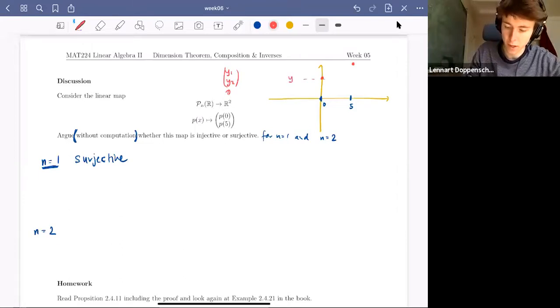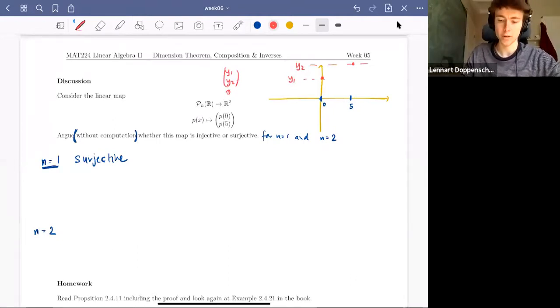So if this is y1 and say this is y2, then the idea is that we want to have a polynomial of degree 1, which is just a line which does not necessarily have to go through the origin.